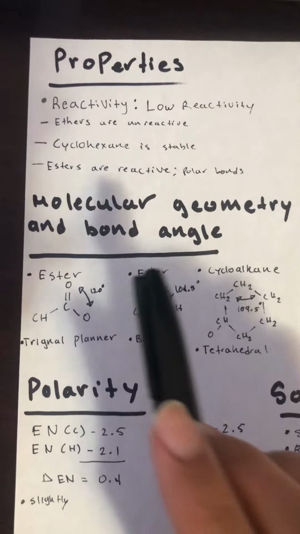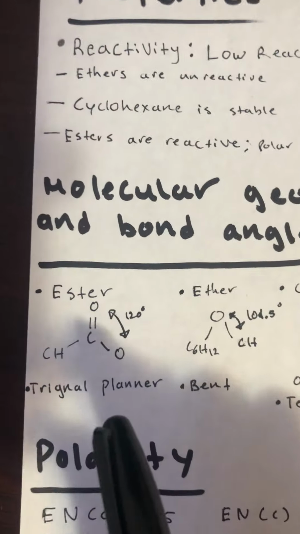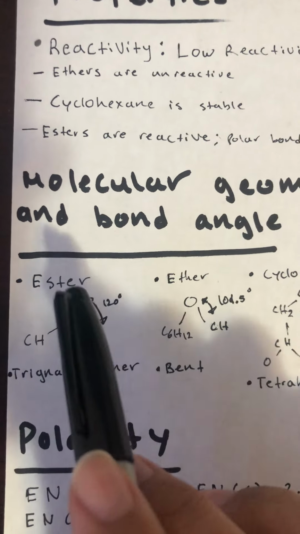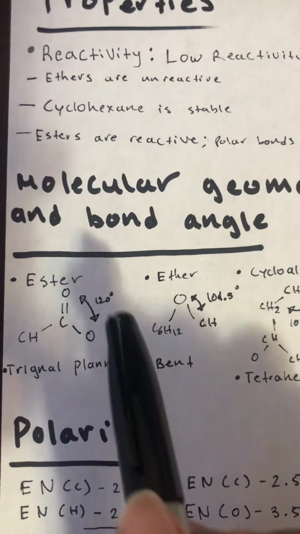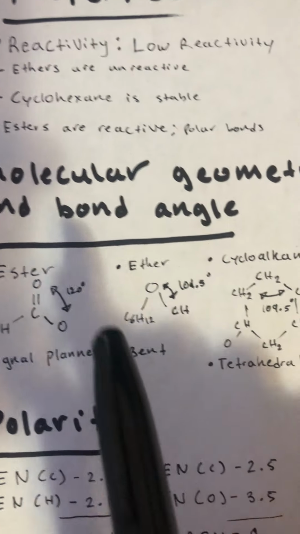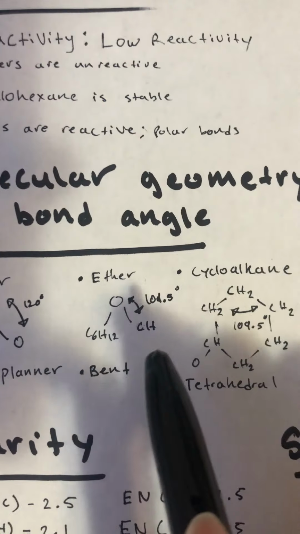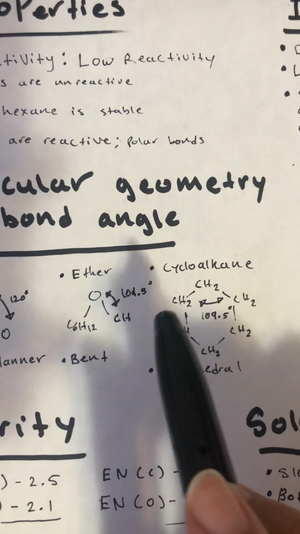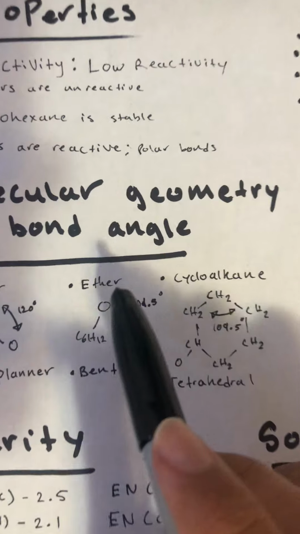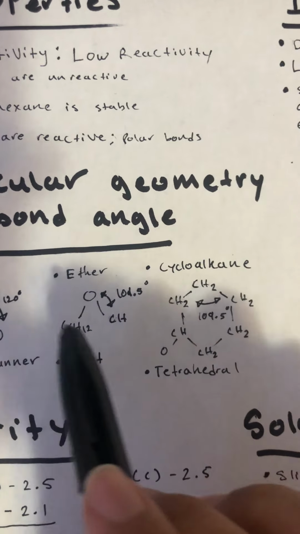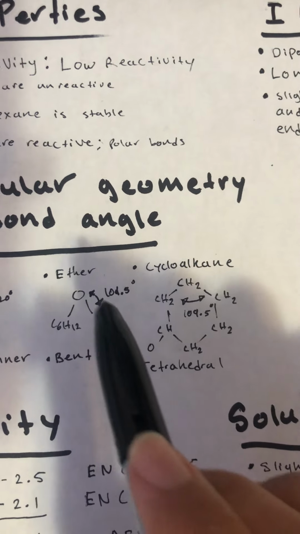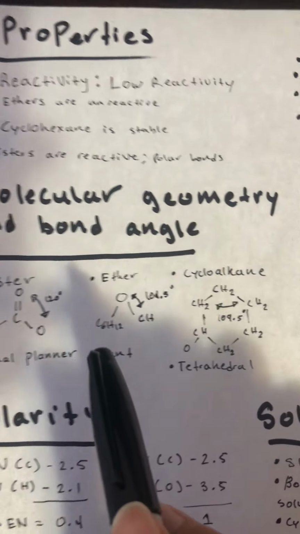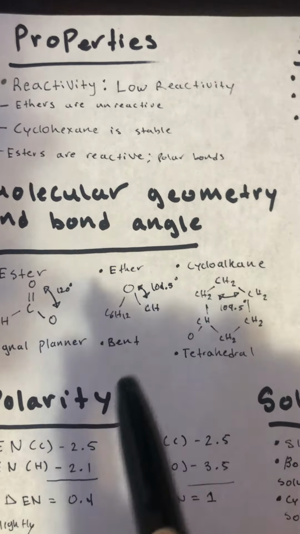For the molecular geometry, for the ester, there is a carbon bonded to an O, bonded to a CH, double bonded to an O, and it is trigonal planar with a bond angle of 120 degrees. For the ether, there is an oxygen bonded to a cyclohexyl group, bonded to a CH, and the oxygen has lone pairs which push these two together, which give it a bond angle of 104.5 degrees and a molecular geometry of bent/angular.